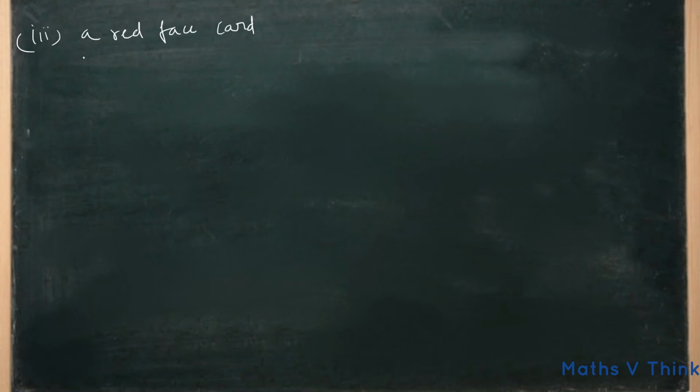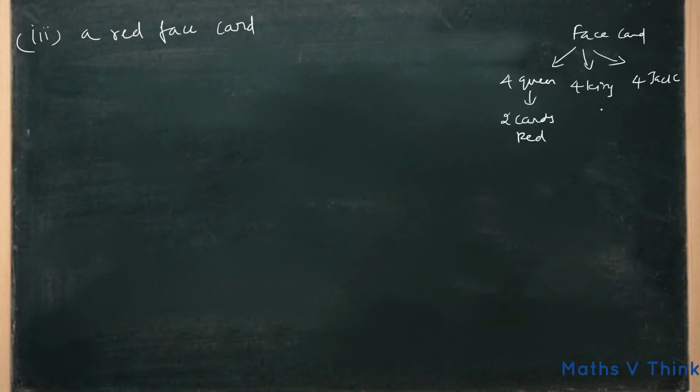The third question is a red face card. So we know face cards are 4 queens, 4 kings, and 4 jacks. Now in this, 2 cards are red. In the same way here also 2 cards are red, of diamond and heart, and here also 2 cards are red.